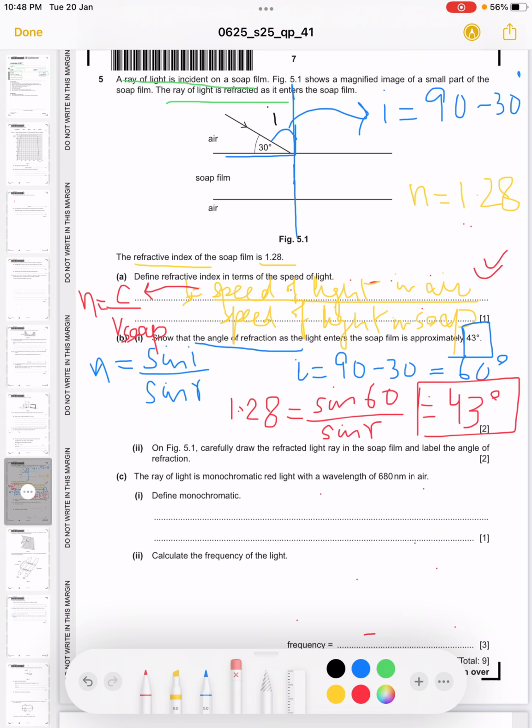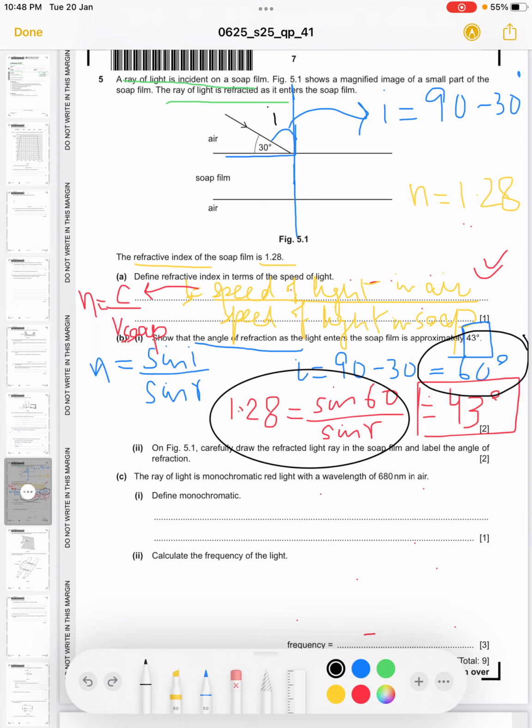In this question, it takes 2 marks. We get the 43 answer, but the important thing is we are using the right formula and we are using the right angle, right? These 2 points will give you the marks.